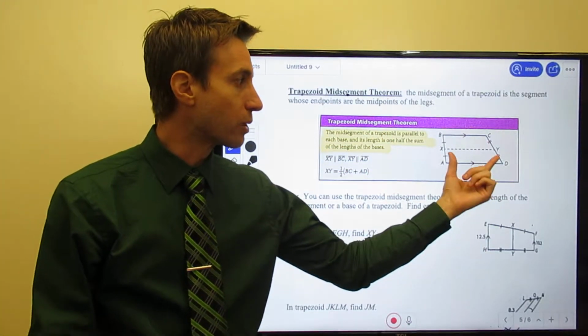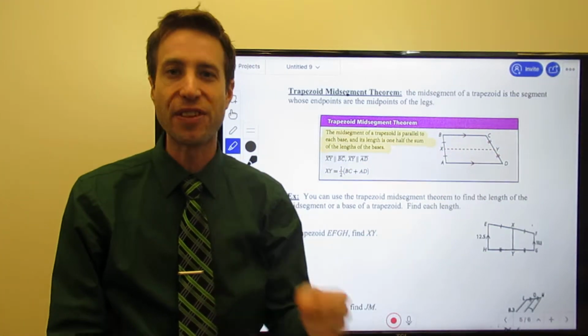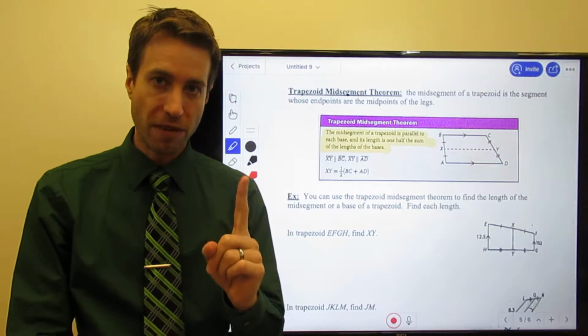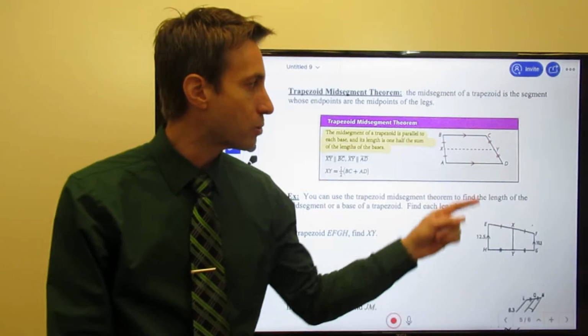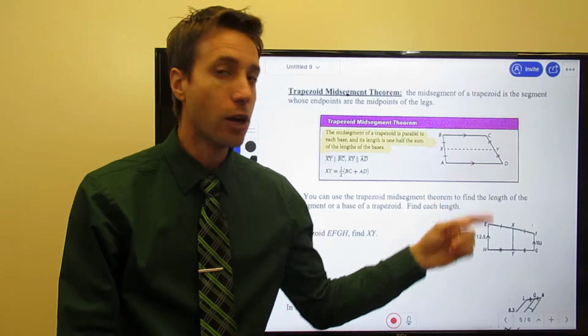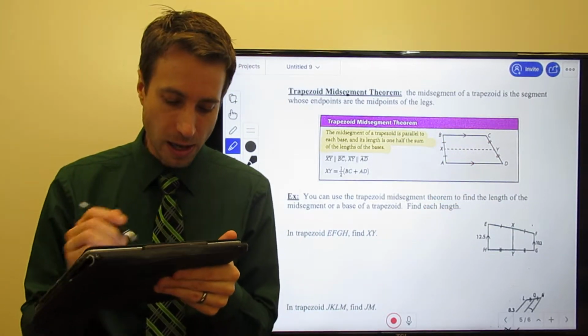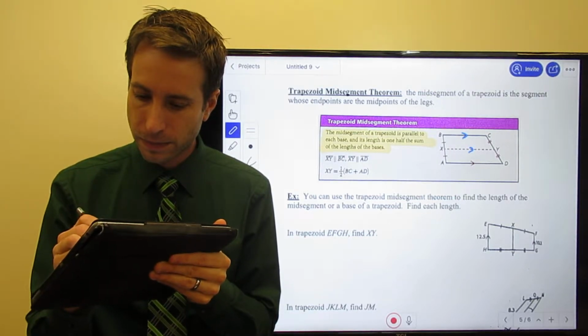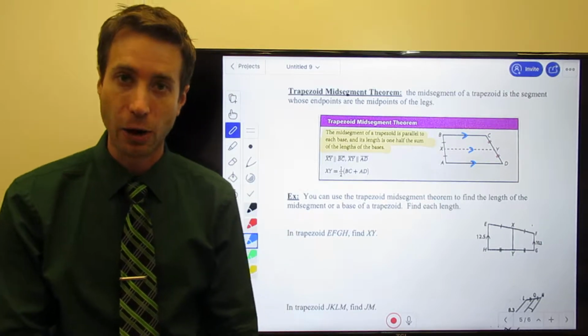What that's going to do is it'll give you the mid-segment, and there are some really interesting things about the mid-segment of a trapezoid. First, the mid-segment of a trapezoid will be parallel to the bases of the trapezoid. So all three of these lines are going to be parallel.